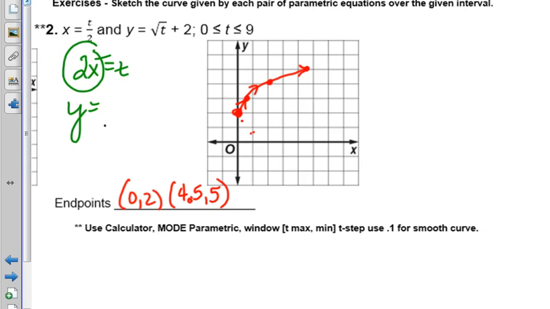Yep, just put this in here. You'd have y equals square root of 2x with a plus 2 on the outside. Okay? Just wanted to practice that.